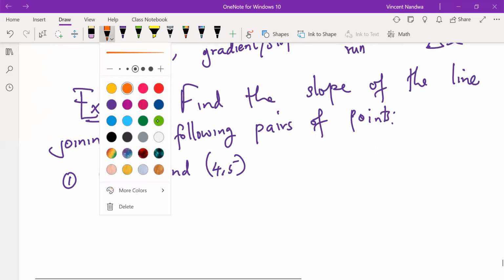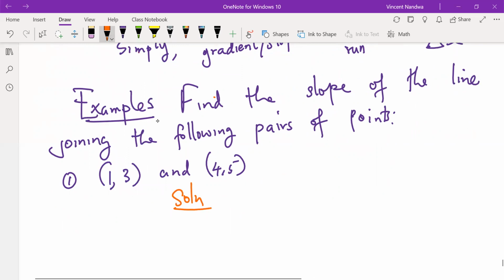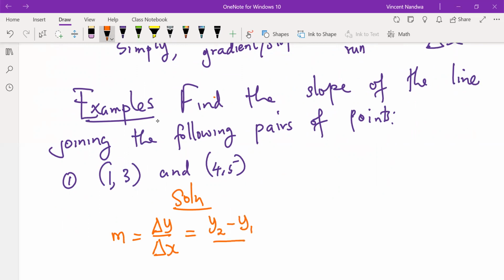Now to find this solution, you say slope, which is m, is change in y over change in x, which is given by y2 minus y1 over x2 minus x1. So y2 is 5, y1 is 3, x2 is 4, x1 is 1. 5 minus 3 is 2, 4 minus 1 is 3.